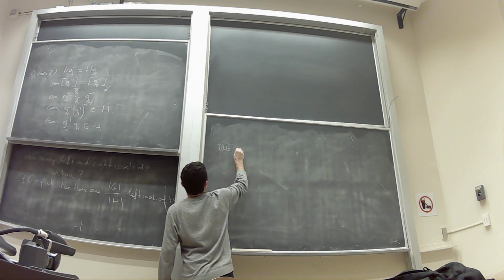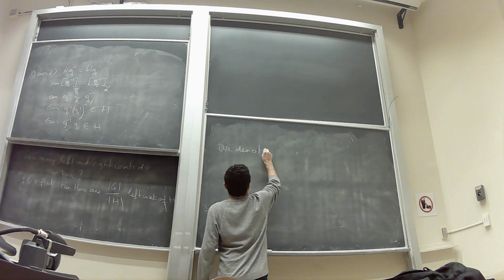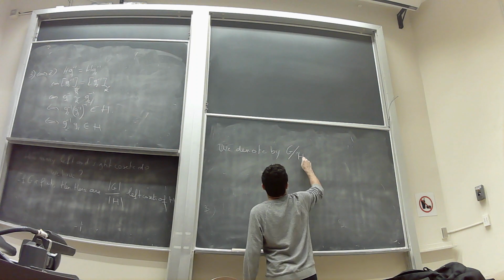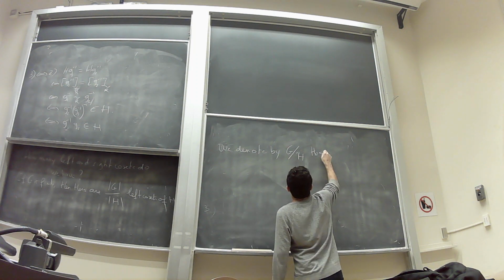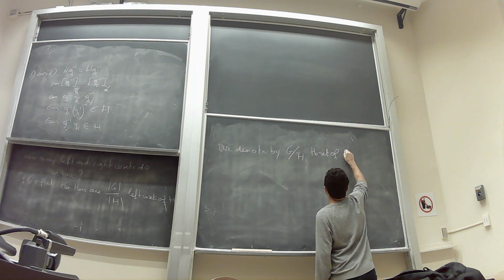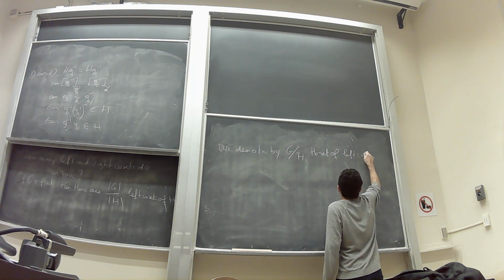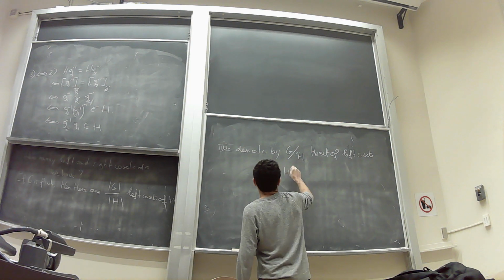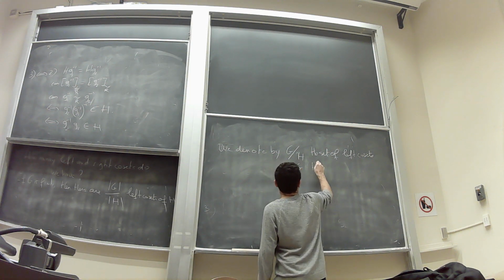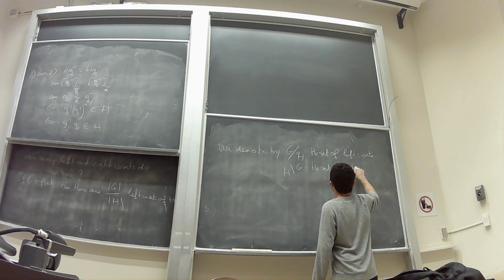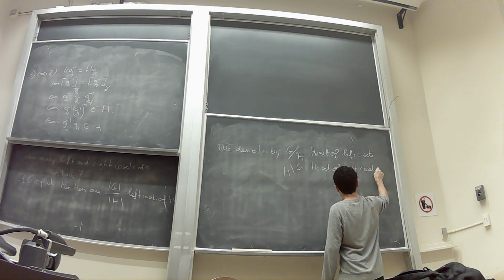We denote by G modulo H the set of left cosets, and we denote also by its, well, or not to pronounce it, the set of right cosets.